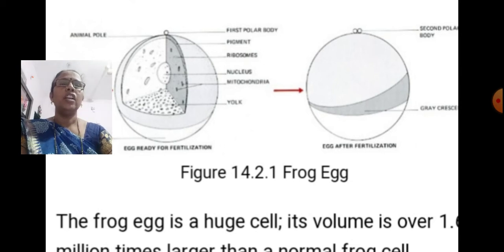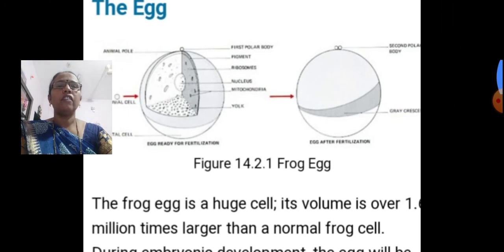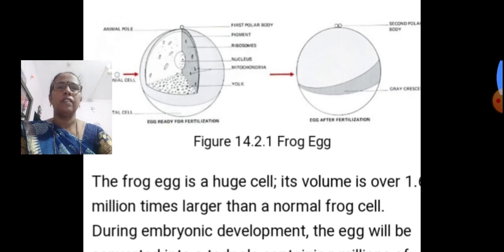Then in this figure we see the frog eggs, ready for fertilization and after fertilization. Generally the frog egg is a huge cell. Its volume is over 1 million times larger than a frog cell.